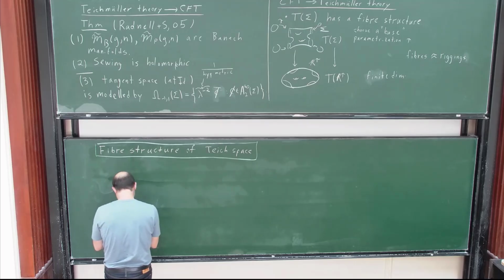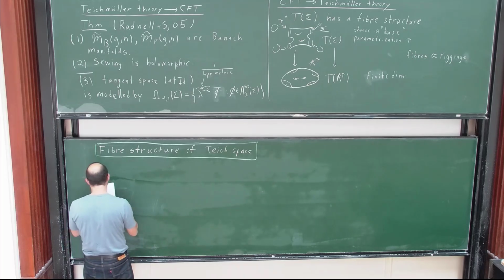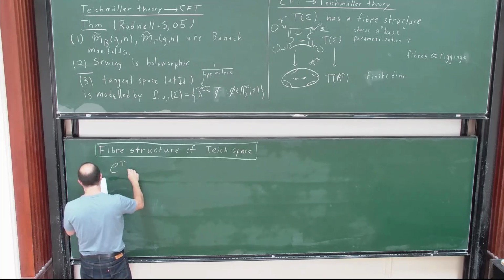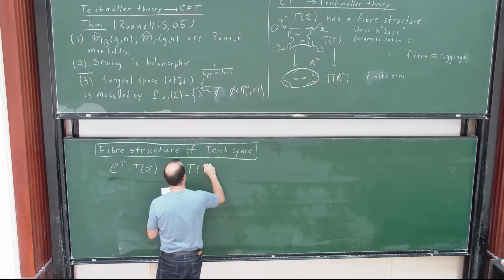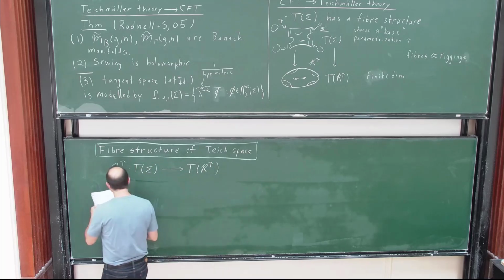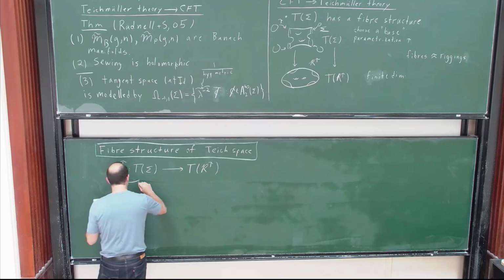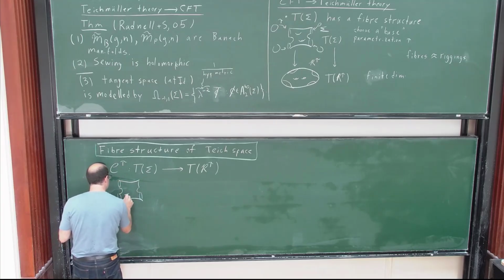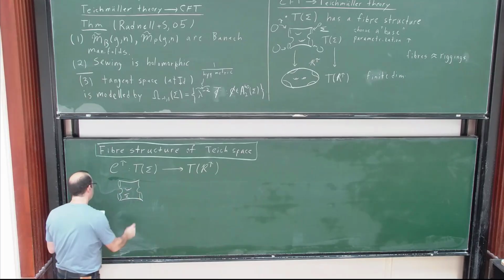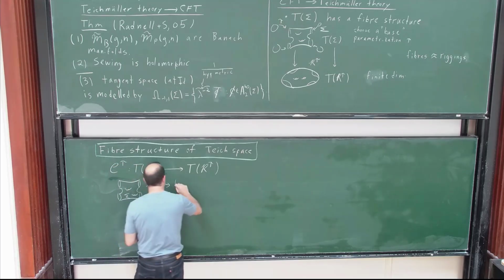So now, let me define the map specifically. We define this map C tau, which takes T of sigma into T of R tau. And the picture is, let's say you have some fixed Riemann surface sigma, and you have your quasi-conformal deformation into a new one.